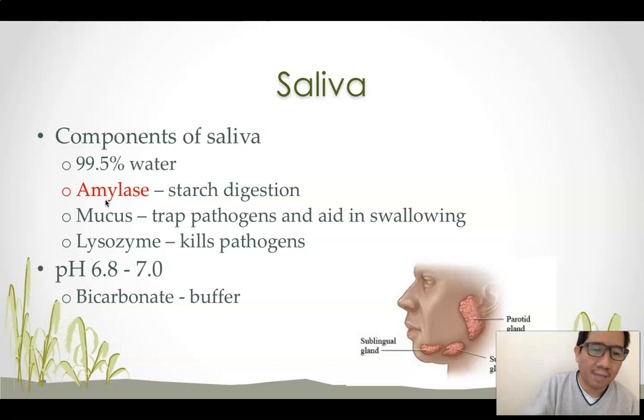So lysozyme, same thing, is an enzyme that kills your bacteria and your bad guys. Bicarbonate, bicarb is to buffer. Bicarb is to balance things out. When things become too acidic, bicarb will help make sure the pH goes up, so it does not become too acidic.